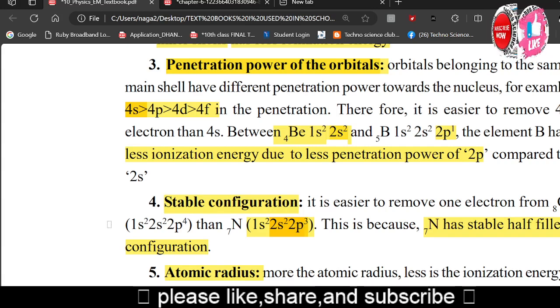But the p orbital is half filled, and a half-filled orbital is also more stable than in oxygen. So when a stable or half-filled electronic configuration is there, there is more ionization energy.